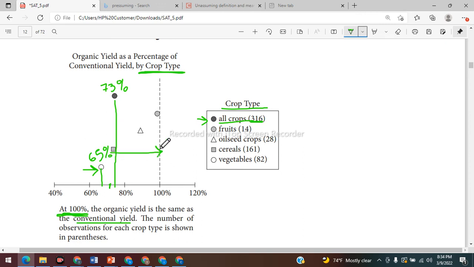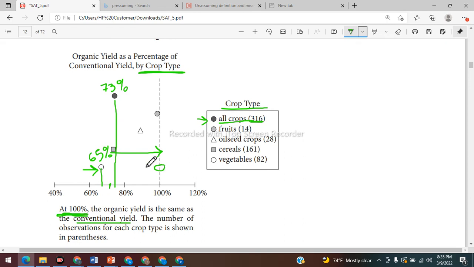What they're trying to say is that if this circle was here at 100, then we could say that for vegetables, the organic and the conventional yield the same amount.